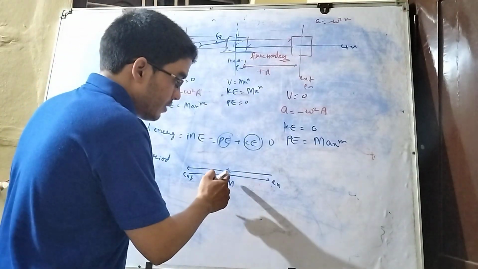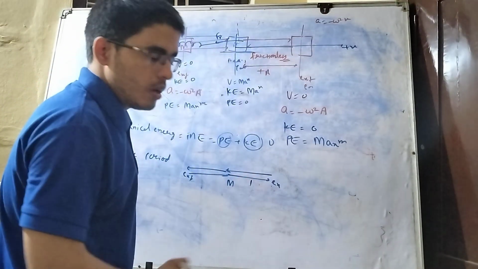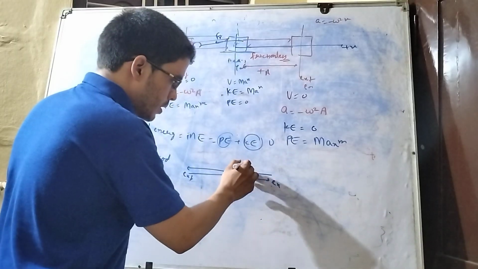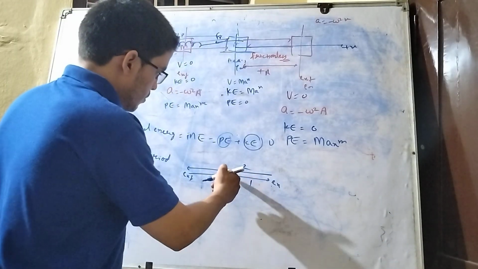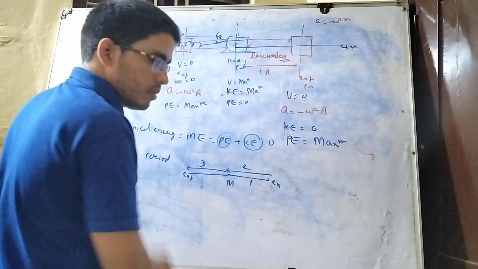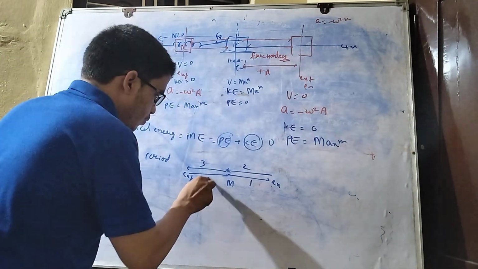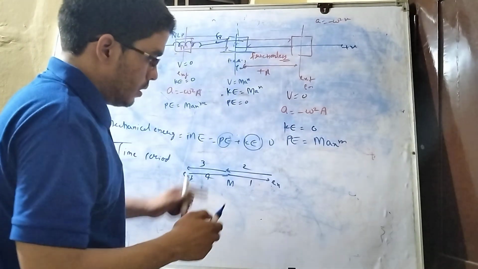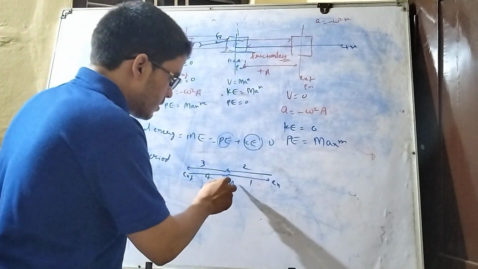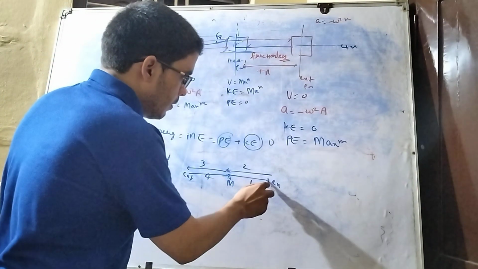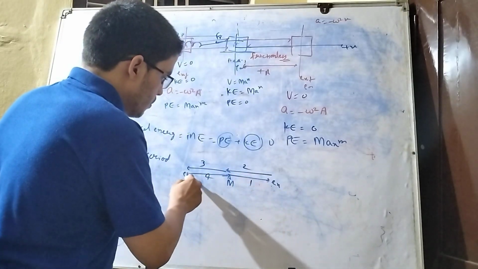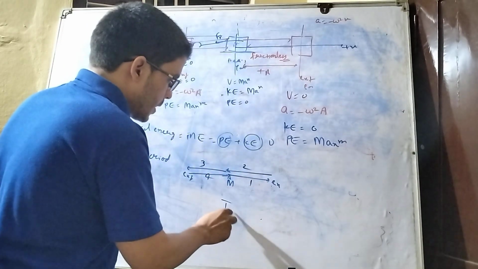First it will go mean to extreme (1), next it will come extreme to mean (2), next it will go mean to extreme (3), and next it will go extreme to mean (4). Suppose that is point A, so finally it will come back to point A, and that is called one time period.